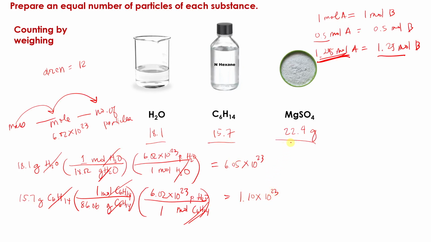Then the last one, we have 22.4 grams of magnesium sulfate. So here we go from the grams of MgSO4 to the moles of magnesium sulfate. 1 mole of MgSO4 is equal to 120.38 grams.